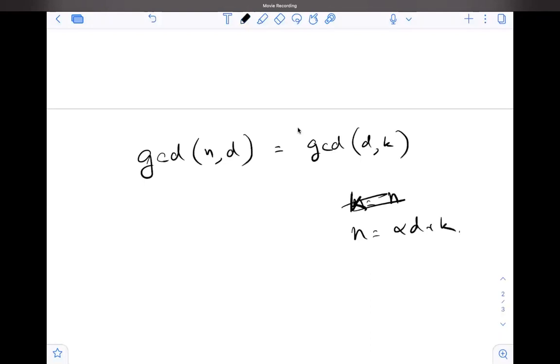So this is just a recursion. You say I am giving n, d. I am just going to find out k, and I'll call GCD of d comma k.